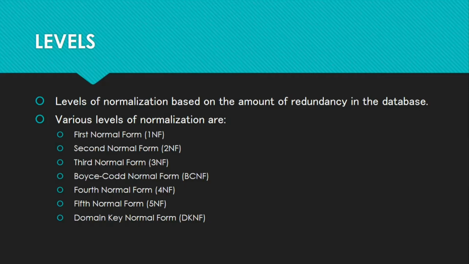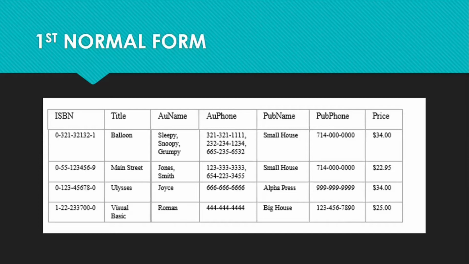We can also use BCNF, 4NF, 5NF, DKNF, but mostly the third normal form is normalized data. So let's see it further.